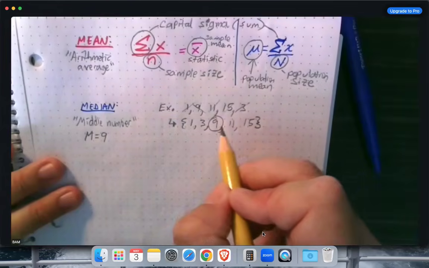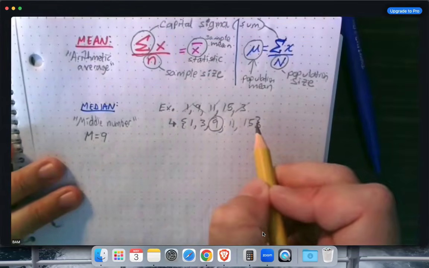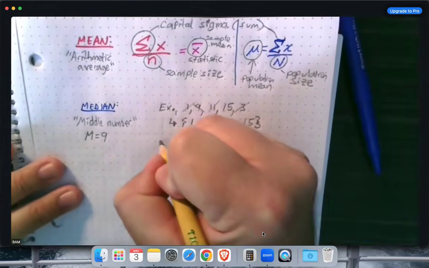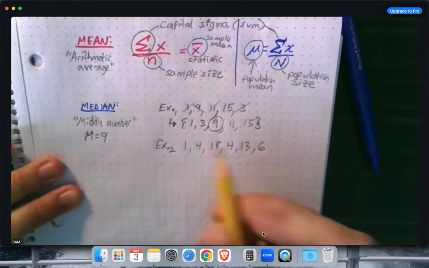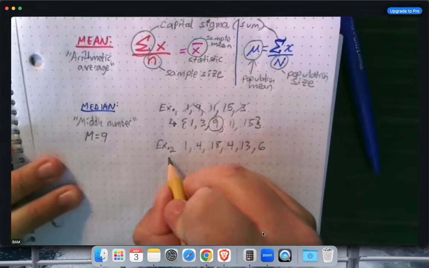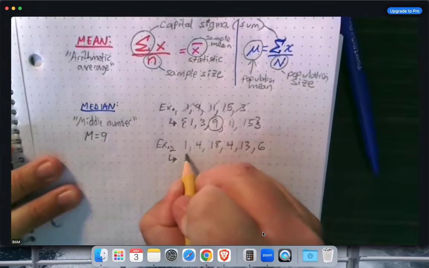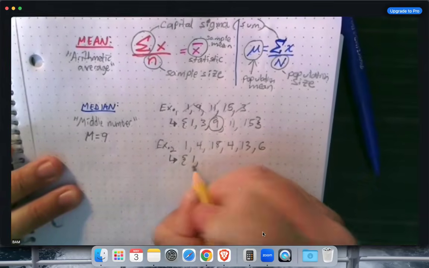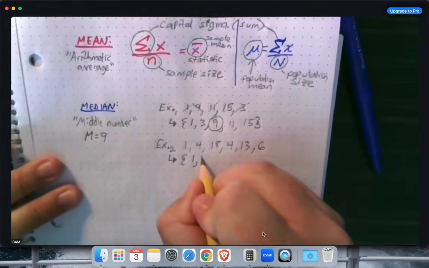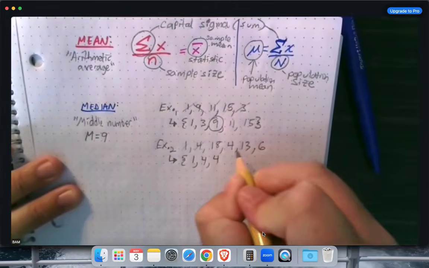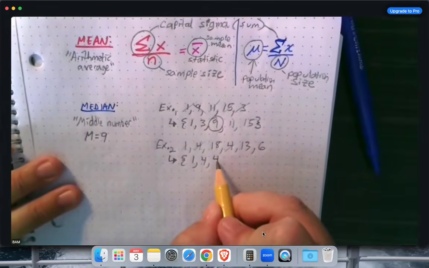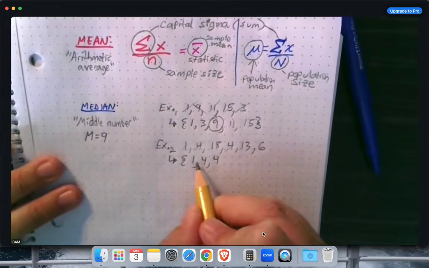But sometimes there is an even number. 1, 2, 3, 4, 5, 6. So I'm going to put them in order. 1, 4, and I put another 4. So it doesn't have to be strictly increasing.